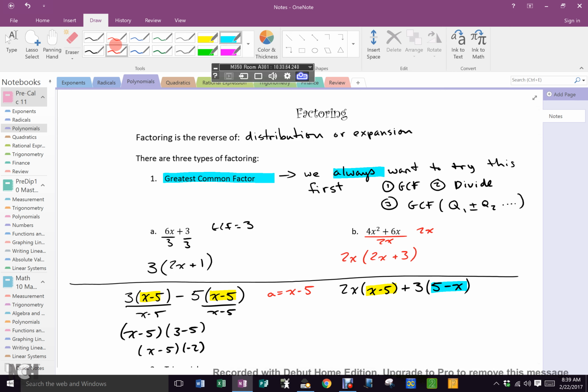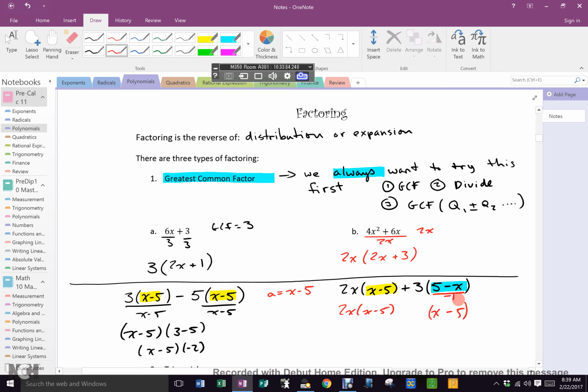And you would rewrite this as what? 2x, x minus 5. Now, if I divide that by negative 1, because 1 is a factor of everything, isn't it? What does that turn this positive 5 into? Negative 5. And what does that turn this negative x into?